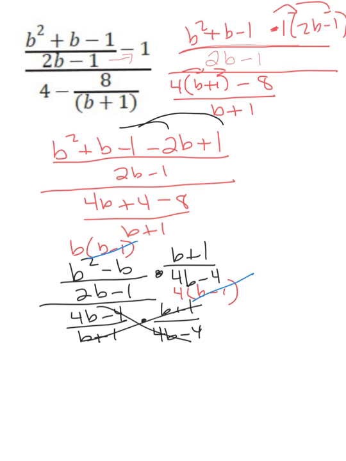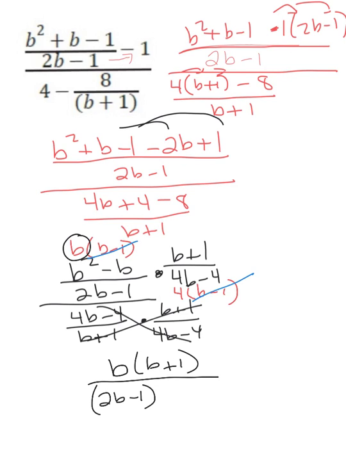So we put the whole thing back together, and it gets messy. Okay. In the top here, I have a b. That's from over here. That's the b. Only thing left there. Times a b plus 1. And in the bottom, we've got a 2b minus 1, which cannot be factored, so if you want to put it in parentheses, fine, times just a 4.